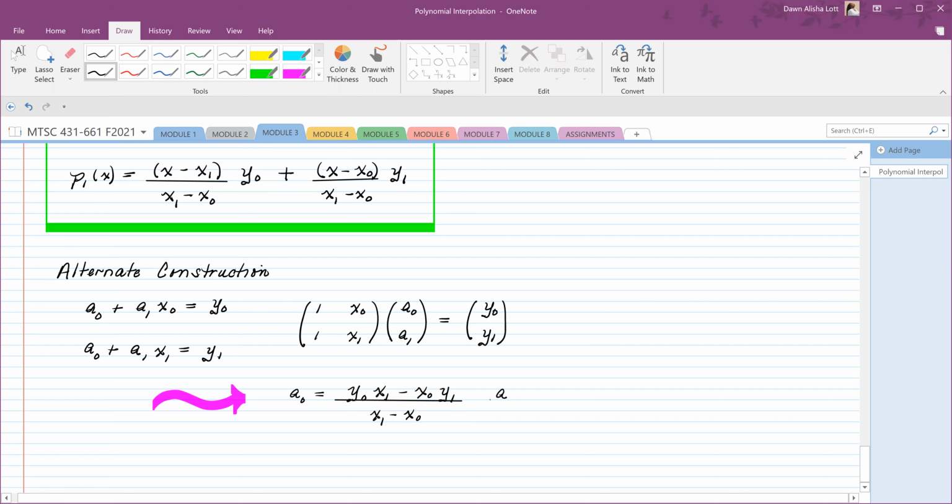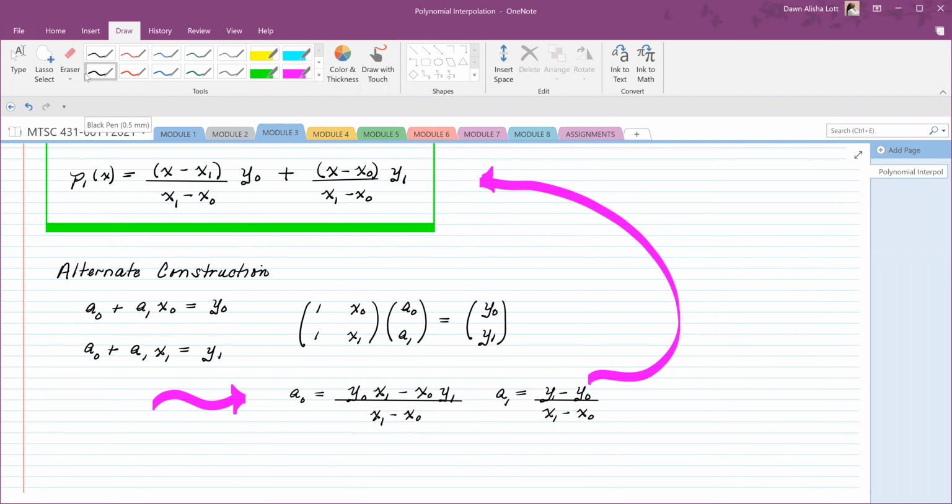And I get A1 turns out to be Y1 minus Y naught, sorry, over X1 minus X naught. And then that just takes me right back to that formula right there. So I get the same thing. Okay. So that's linear interpolation. I only have 2 points, so I'm going to draw a line.